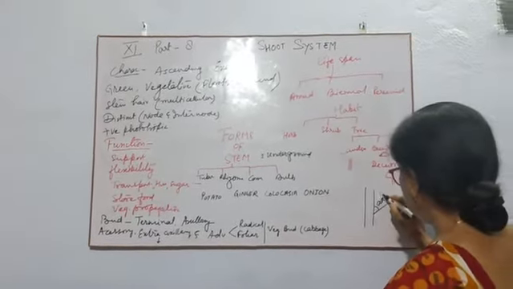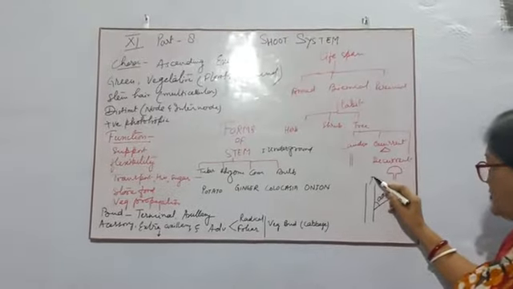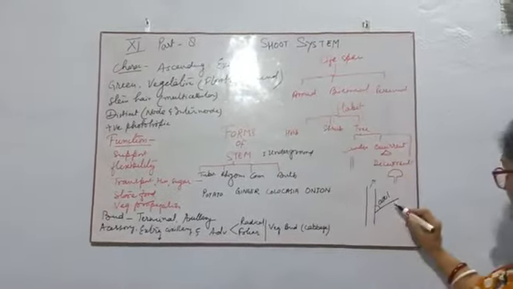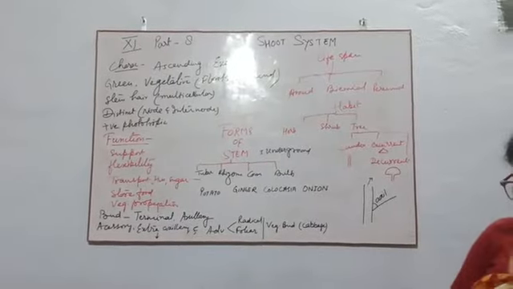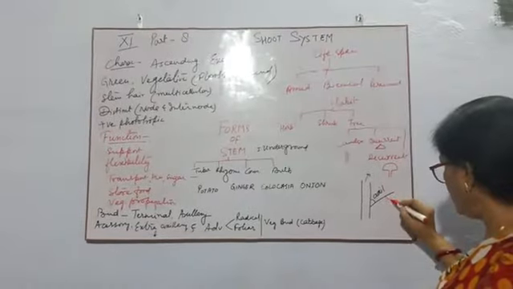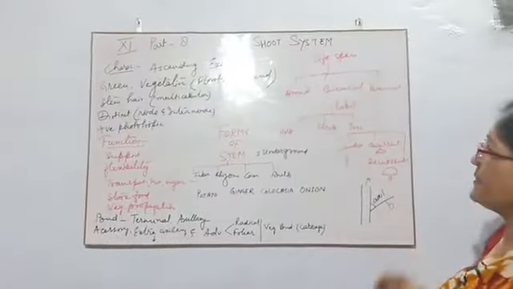So the axillary bud is present at the axil, the terminal bud at the top, and the floral bud. The floral bud will grow into the flower. This is present on the branches.